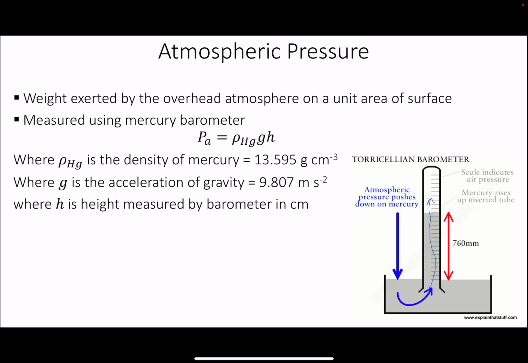You can measure in inches or centimeters how far the mercury's been pushed up, and this gives you an idea of the atmospheric pressure. You can calculate this directly using the density of mercury, g, the acceleration of gravity, and h, the height measured by the barometer. So if you have one of these barometers with you in various places, you can measure the pressure in various parts of the Earth's surface.